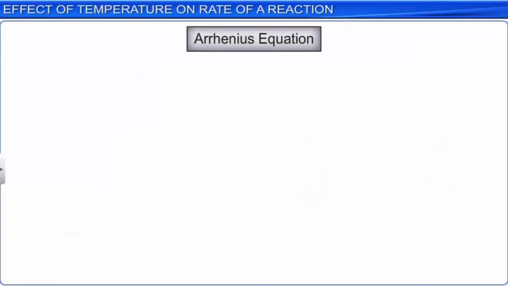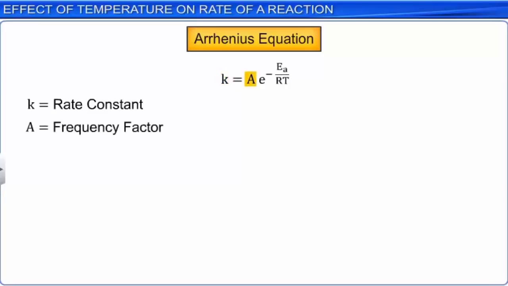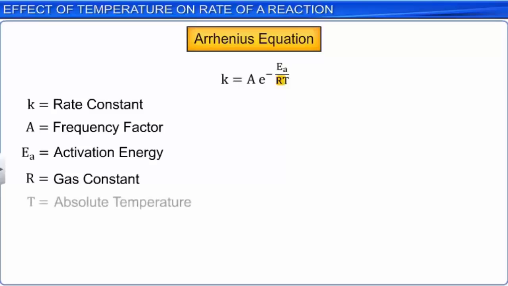The Arrhenius equation gives the relationship between the rate constant k of a reaction and the absolute temperature T. It is defined as k is equal to A multiplied by e to the power minus Ea divided by RT, where k is the rate constant, A is the frequency factor, which is a constant specific to a particular reaction, Ea is the activation energy, R is the gas constant, and T is the absolute temperature.